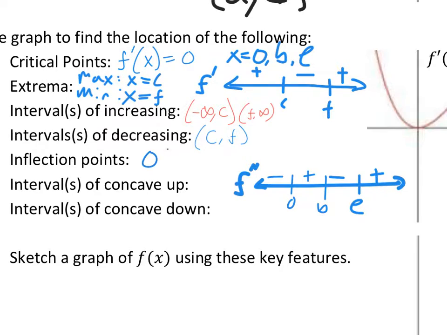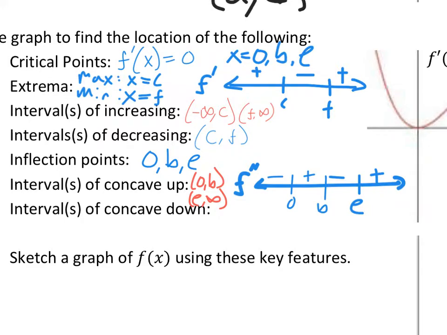That's going to happen at B, and that's going to happen at E. All right? Where are we concave up? Well, we're concave up whenever the second derivative is positive. Okay? So that comes from 0 to B and E to infinity. Okay?